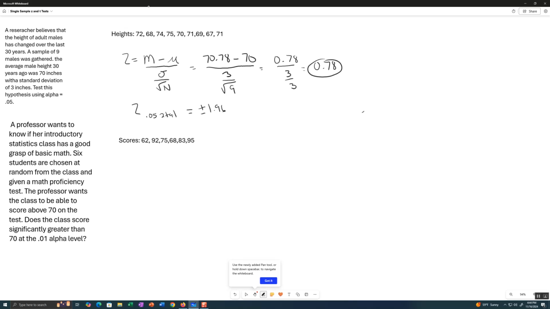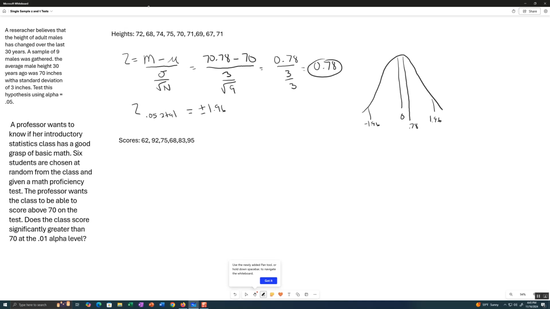So here is the sample. Here is 0. Here's positive 1.96. Here's negative 1.96. And our value here is right here, 0.78. As you can see, 0.78 is not more extreme than either critical value, so it's not in the tails of this distribution.